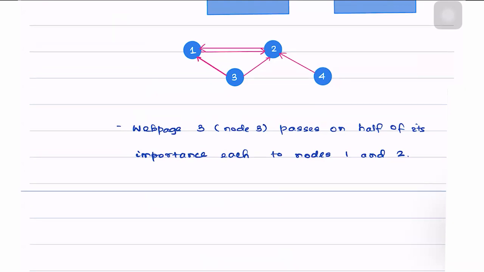So this is specific to this example. We see here that it gives half of its importance to node 2 and half of its importance to node number 1.